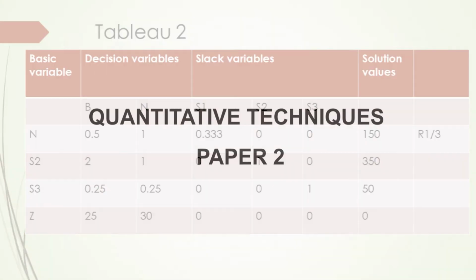Those are the equations which are there. So in table 3, to make the other one a 0, we are using row 2 minus row 1.